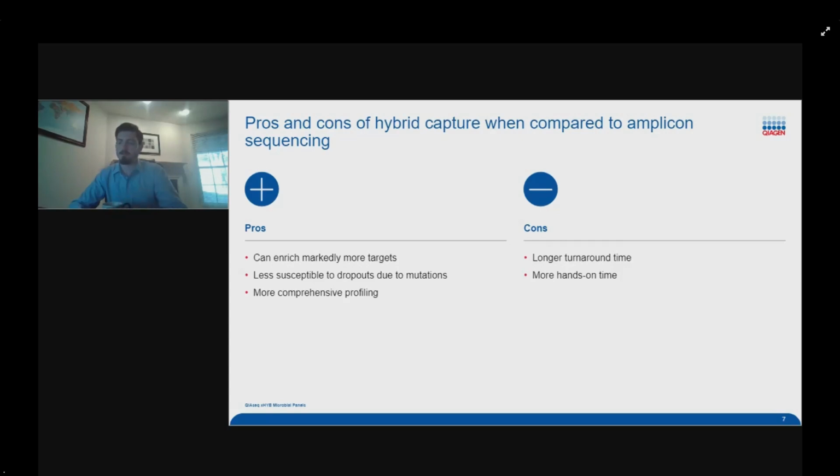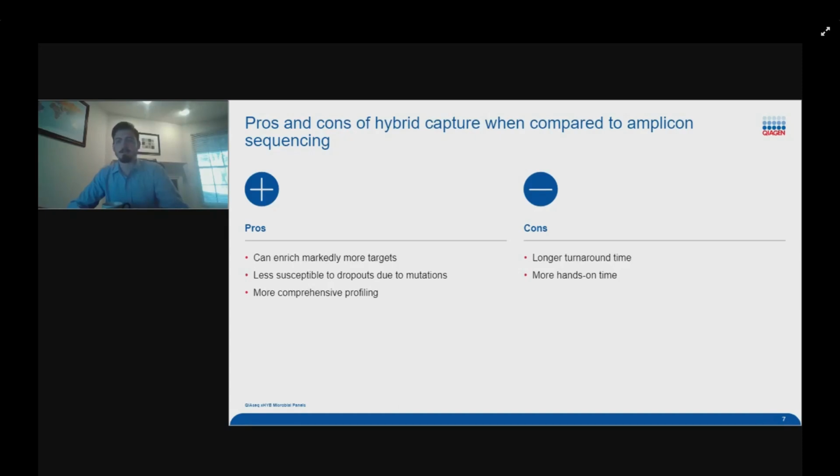You may be familiar with the ARTIC Network SARS primer panels, where they're currently on V4.1, which is actually the fifth version of the ARTIC panel, that they've had to redesign several times due to new variants of concern. And with a hybrid capture panel like this, you're less likely to have that sort of issue. And these larger probes allow for much more comprehensive profiling.